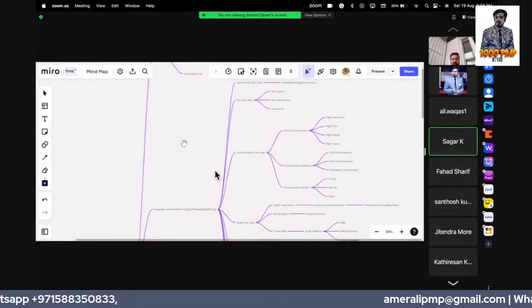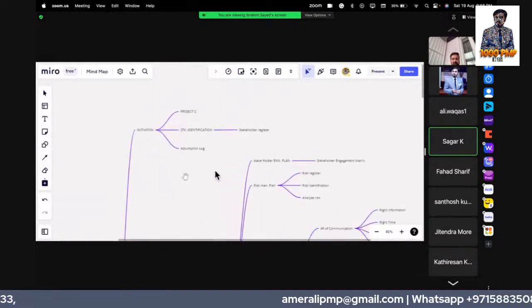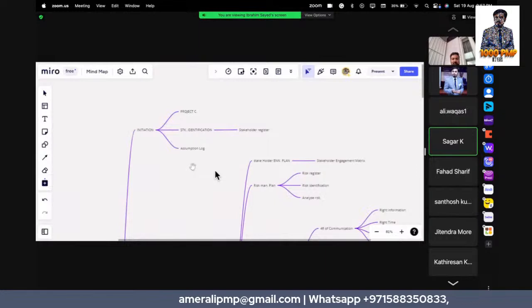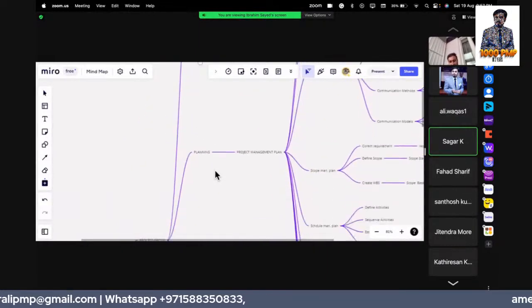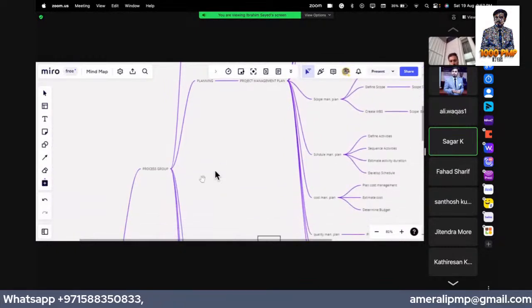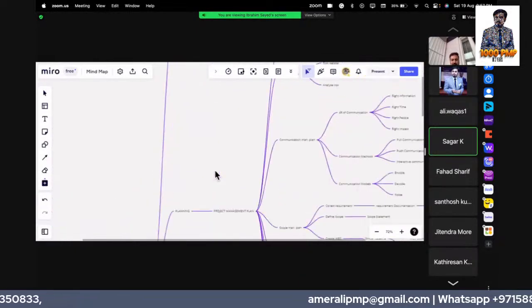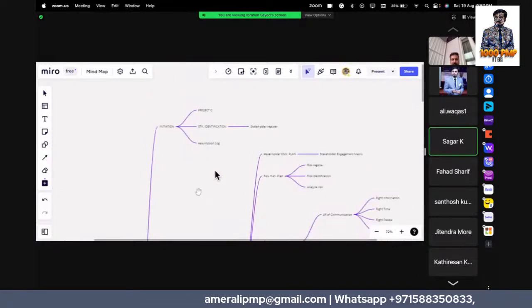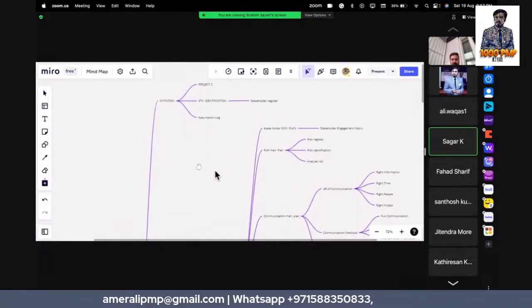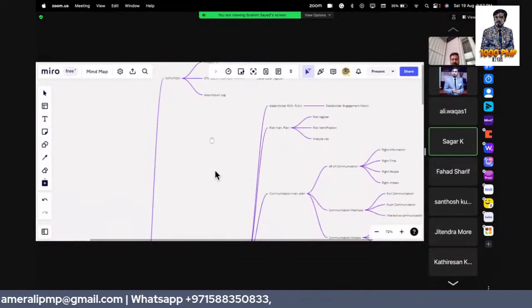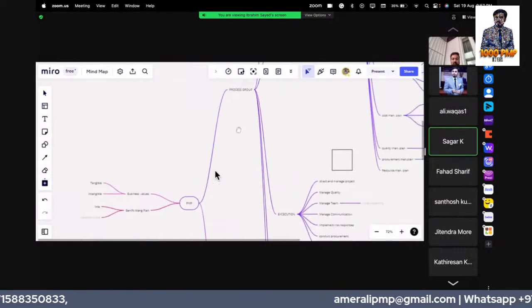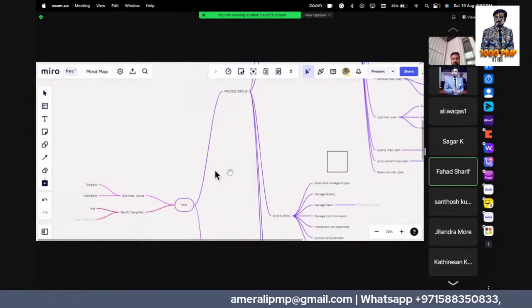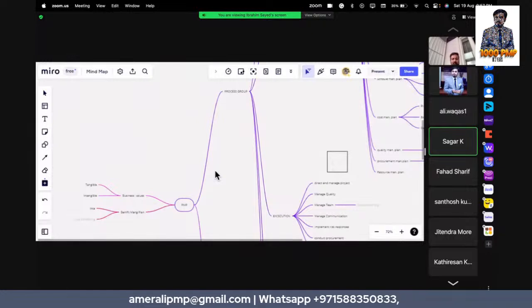Can you just take it a little bit below? Just scroll down. Let's start with the initiation part, the PMP, the point from where we started. The PMP is at the center, which is basically the project management plan.